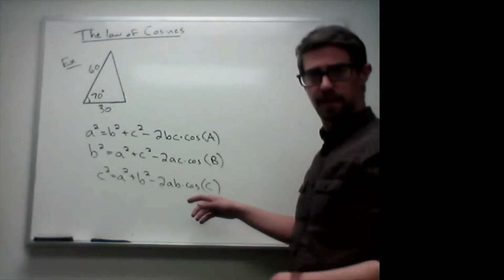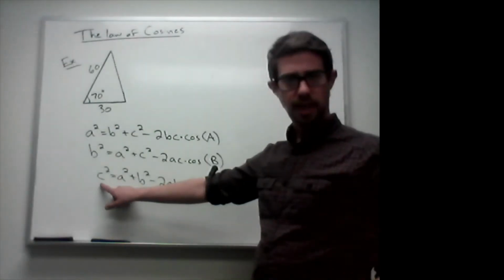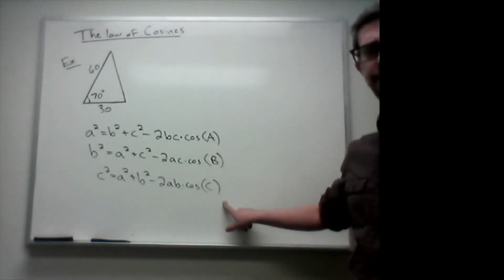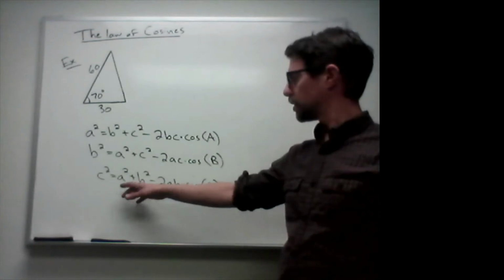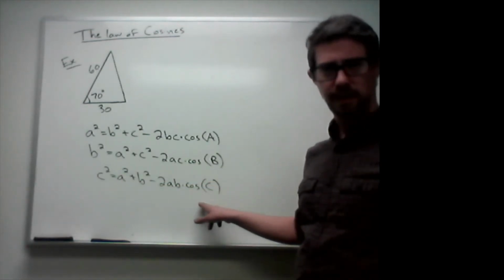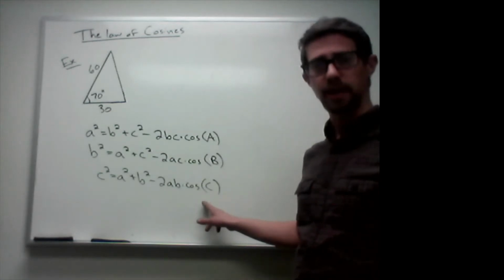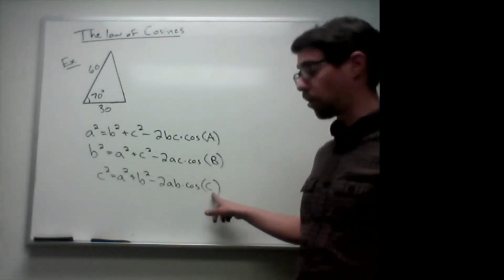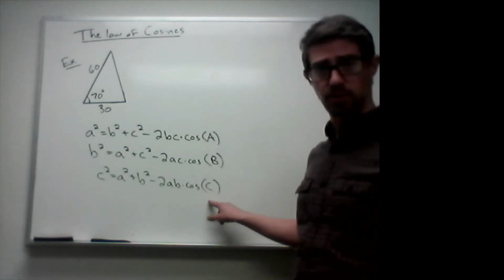You don't have to memorize it. But if you look at this last version here, c squared is a squared plus b squared minus 2ab times the cosine of C. Let's think about if this were just a right triangle. Let's say C were the right angle. The cosine of a 90-degree angle is 0. So cosine of C would be 0.